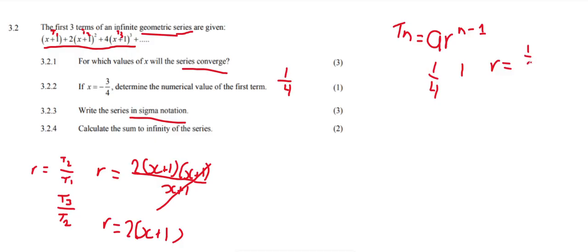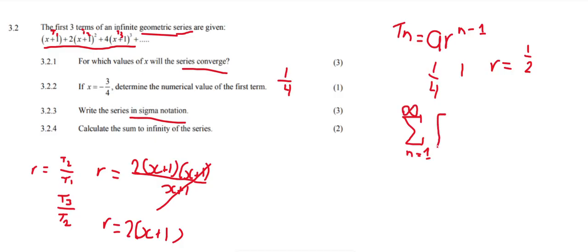Now once we have established that, to write it in sigma notation, we always start with 1. Now remember, the question says infinite, so it's talking about infinity, and this is the sign we use for infinity.